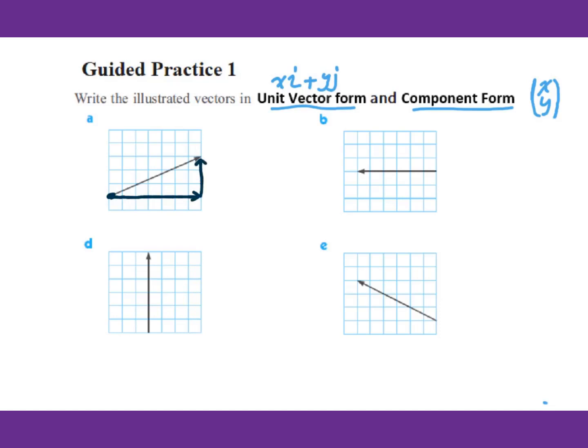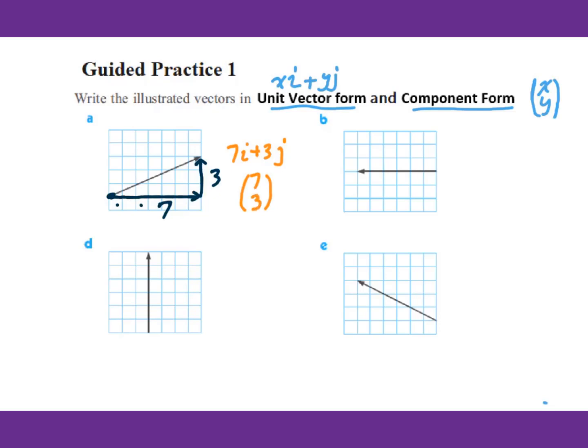We count 1, 2, 3, 4, 5, 6, 7. So here's a 7. Go 1, 2, 3. That's positive 3. Therefore, for the unit vector form, that will be 7i plus 3j. Or I can write the component form, that's 7, 3.